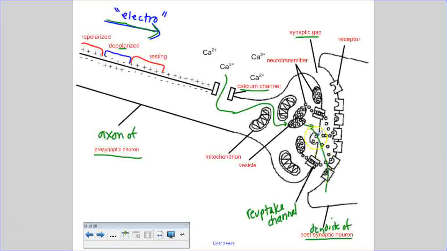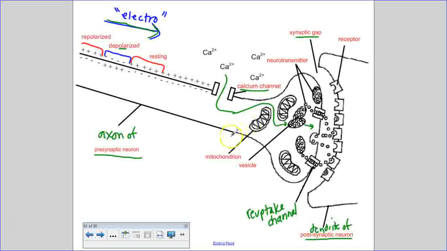Now, in order for these vesicles to be moved, it takes a lot of energy. So that's why in this diagram you also see these little organelles. If you remember, we used to call them the powerhouse. That's their nickname, because they are important for helping us get as much energy out of our food as we can.